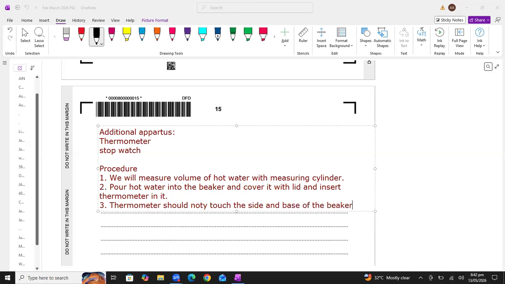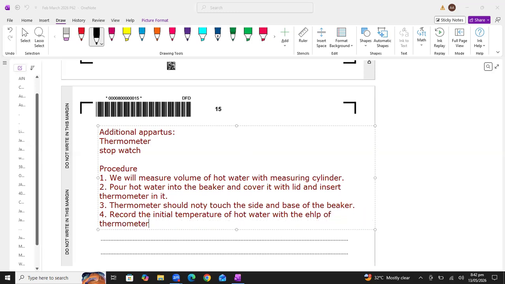All right, students. Now what we will do, we will record the initial temperature of hot water with the help of thermometer. All right, students.